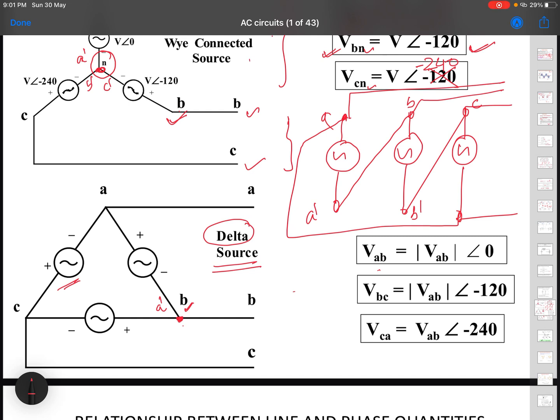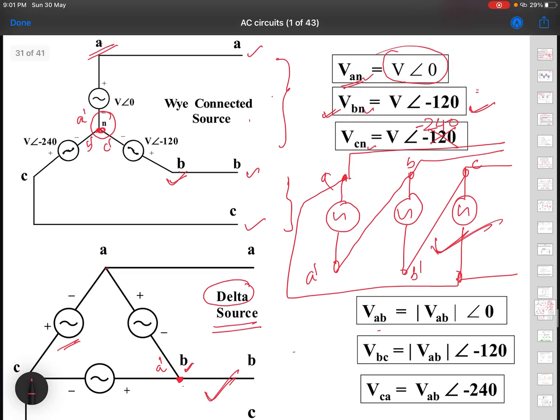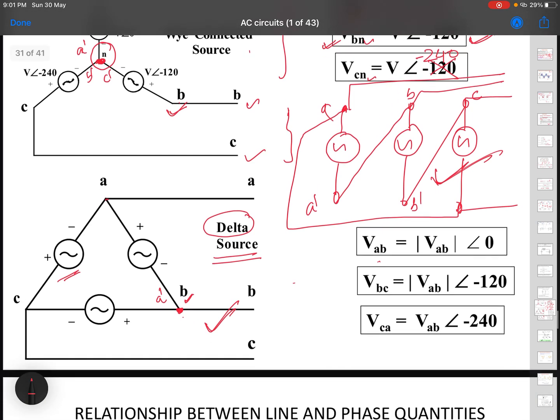Same thing shown in a fanciful way to look like delta. If I want to give the naming here, now it is no more AN, BN, and CN as with the neutral point.